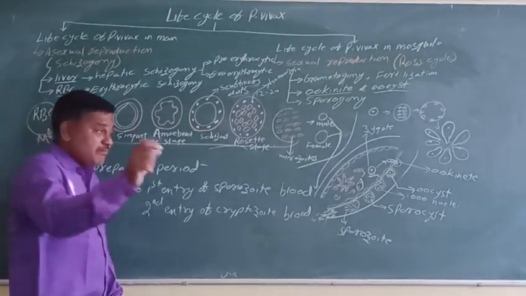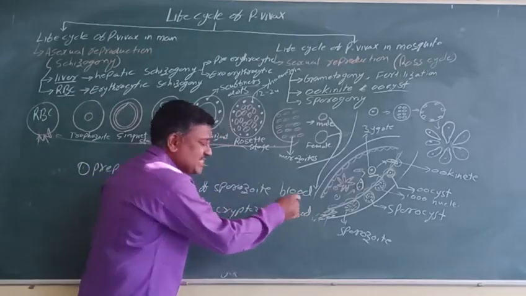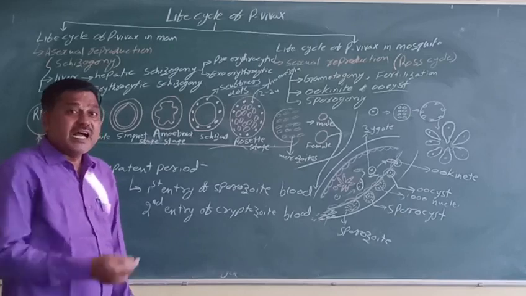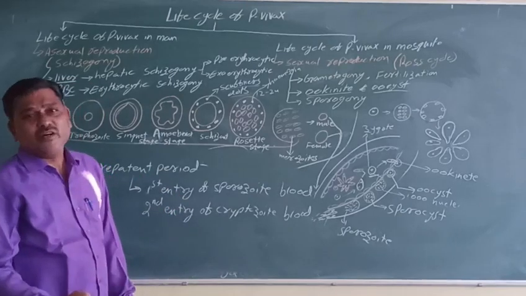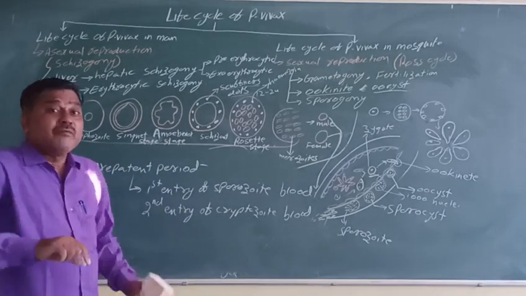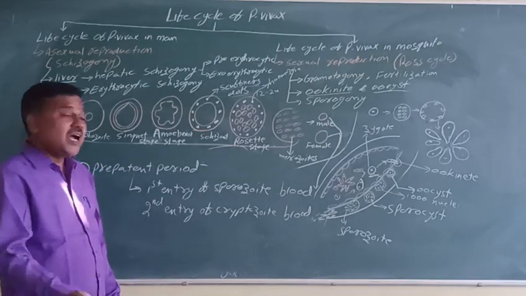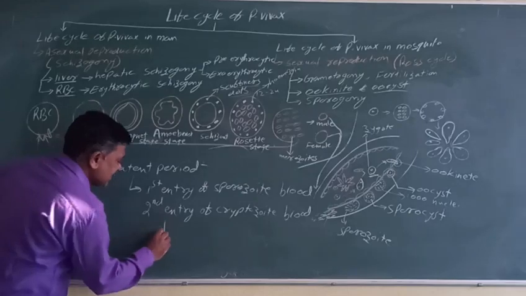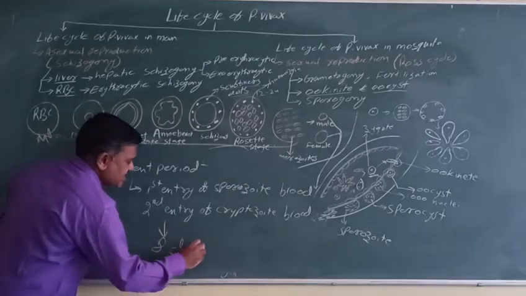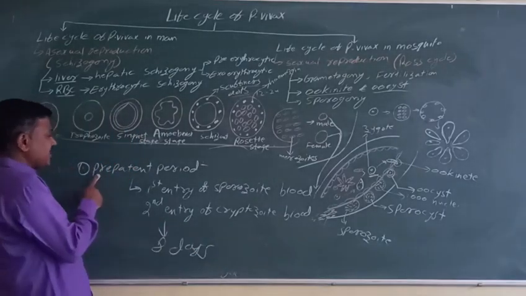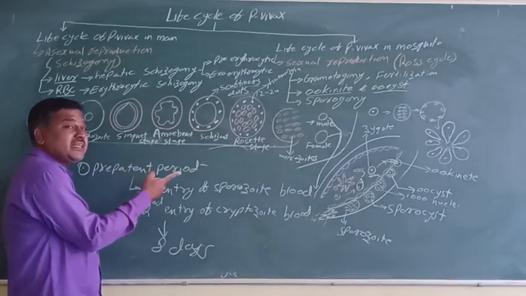That means when the mosquito bites, sporozoites enter our blood, and from blood they enter into the liver, that is the hepatic cells. When hepatic cells are broken, cryptozoites are released. How many days is it taking? It is taking nearly 8 days. So this 8 day period is called the pre-patent period.